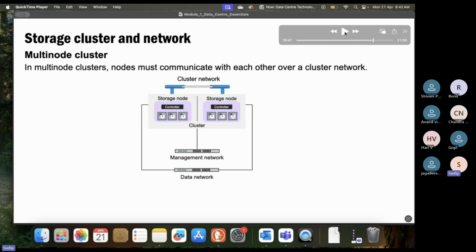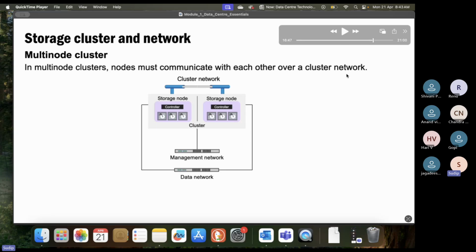That network over which servers are reading and writing data to the storage controller is called the data network. Very simple.